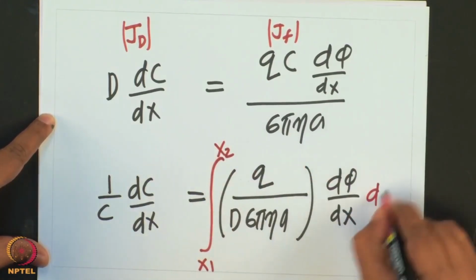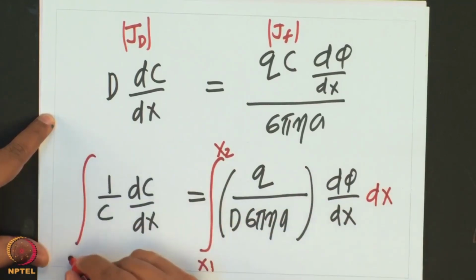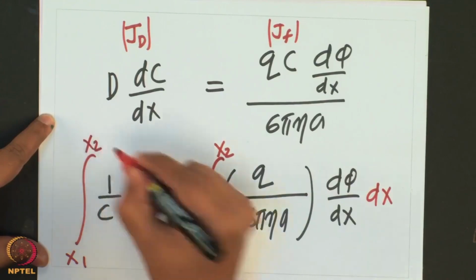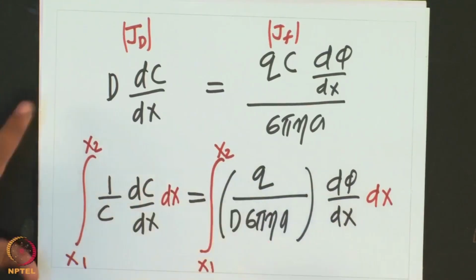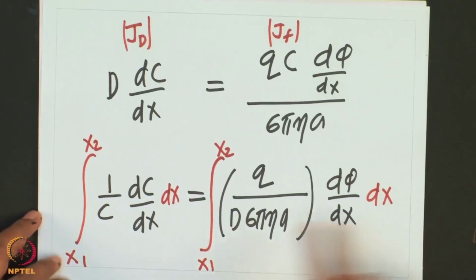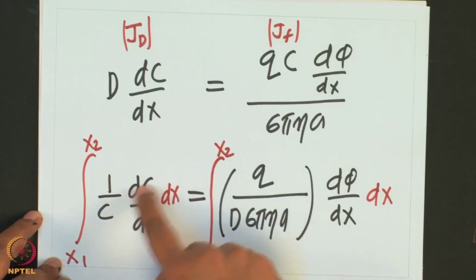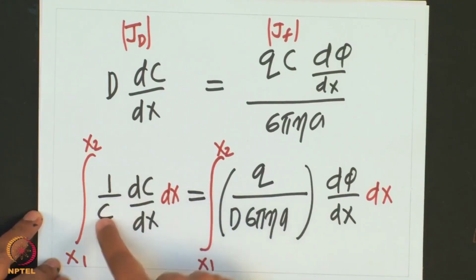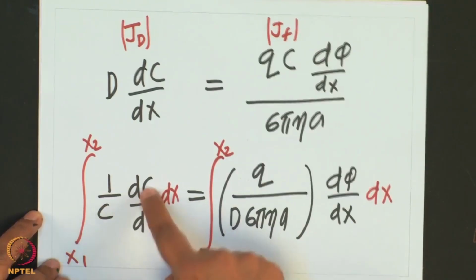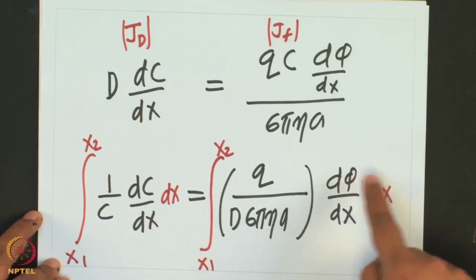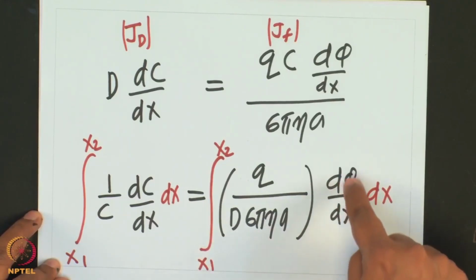So integrating dx from x1 to x2, here I have dC by dx dx. So this is basically dC by C. So you have the integration over C. So 1 over C dC is what you would get here, and here you would get integral of d phi, which is phi itself.